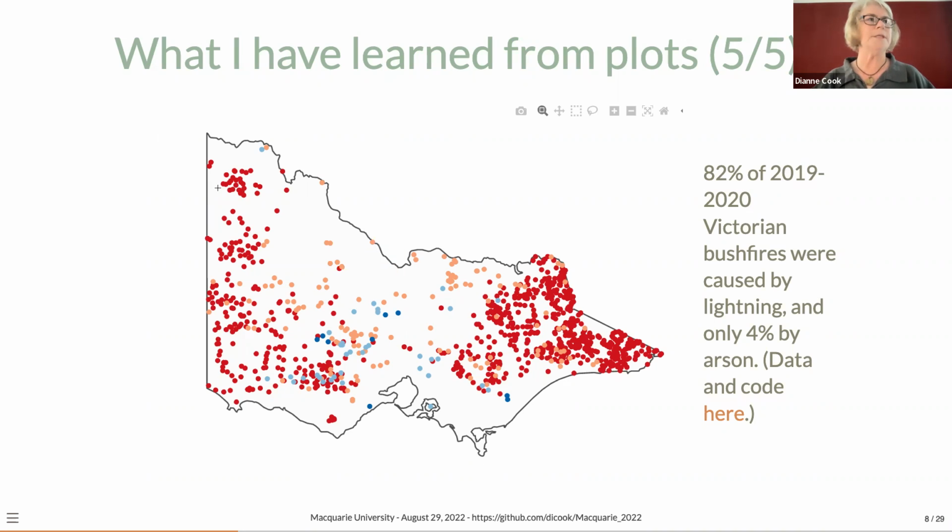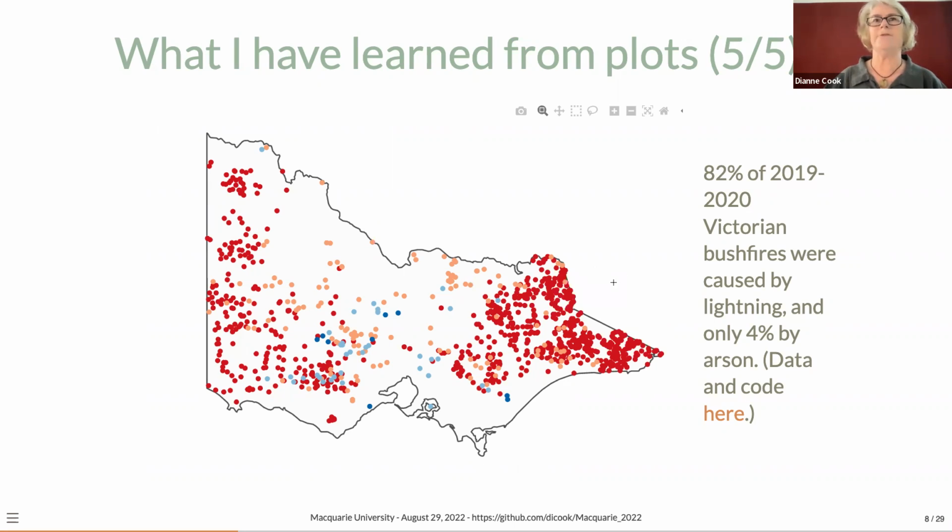But if you take the hotspot data and use some statistics to cluster it to get the ignition point of a bushfire, and then you combine it with a lot of other data like distance from campsite, distance from road, weather patterns, vegetation, and use that with historical data to predict the cause, you'll find that most of the fires that started in that 2019-2020 season, 82% were from lightning.